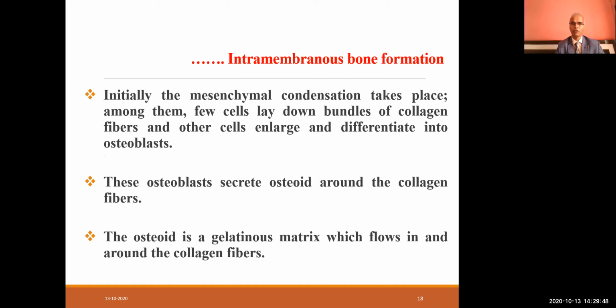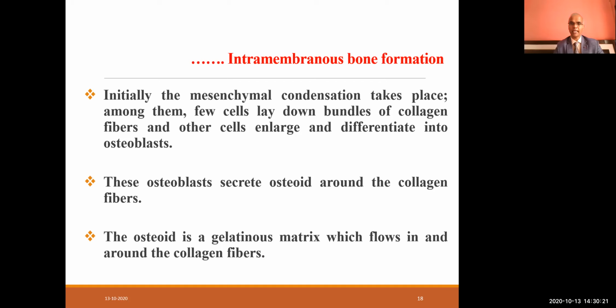Among them, a few cells lay down bundles of collagen fibers, and other cells enlarge and differentiate into osteoblasts. So from mesenchymal cells, 2 types of cells form: one which forms the collagen fiber, the fibroblast, and the other which forms the osteoblast cells.